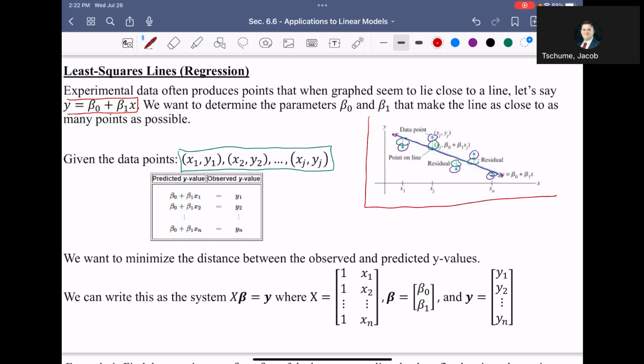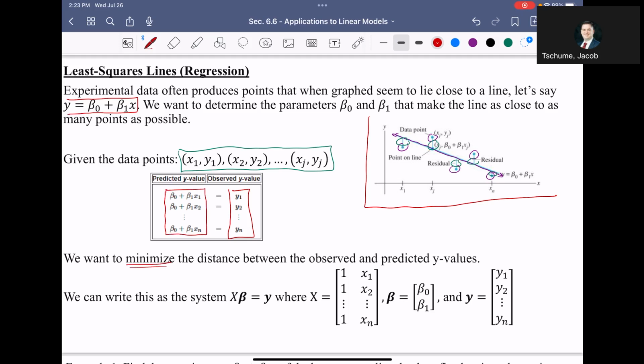In our data points, all of the y's are the observed y values. Those are the actual values you got by collecting your data. What I'm trying to do is predict it by using a linear equation for every single one. If we can minimize this distance, that's the best thing possible.